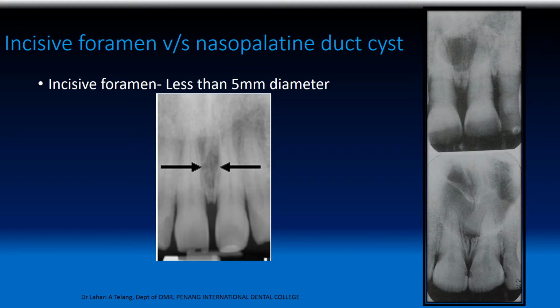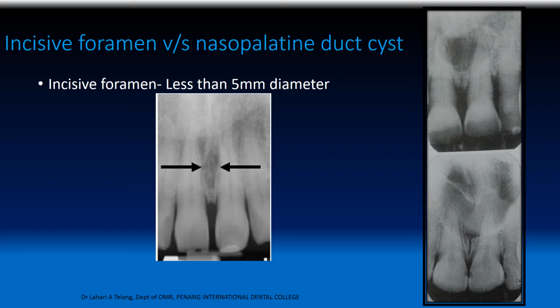Next, let's discuss the incisive foramen cyst, also called a nasopalatine duct cyst. Let's look at the differences between a normal incisive foramen and a cyst in that area. Generally, a normal incisive foramen is less than 5 mm in diameter, the one you can see in the picture over here. Anything larger than that is considered to be a pathology and must be investigated and suspected of a nasopalatine duct cyst.